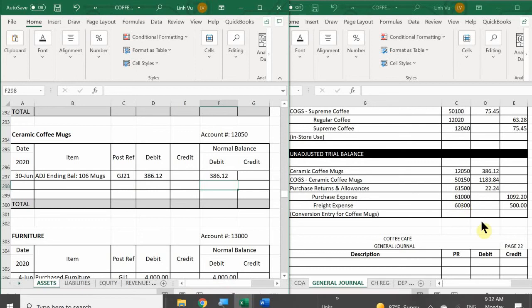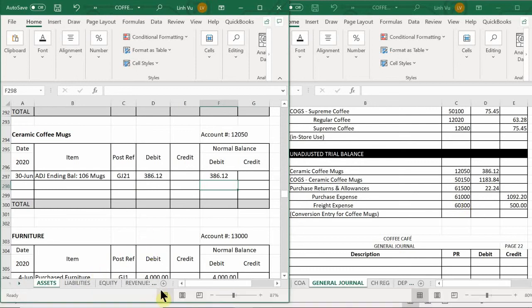So then, next thing we're going to do is go to our cost of goods sold.